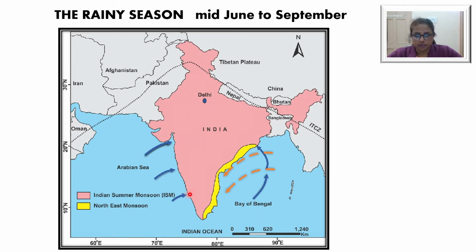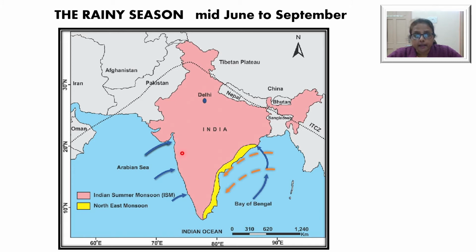Kerala is the first state which gets the monsoon, because the monsoon wind strikes the Kerala coast nearly at the end of the month of May or the first week of June. Thiruvananthapuram in Kerala gets a very heavy rainfall to the tune of about 325 millimeters.